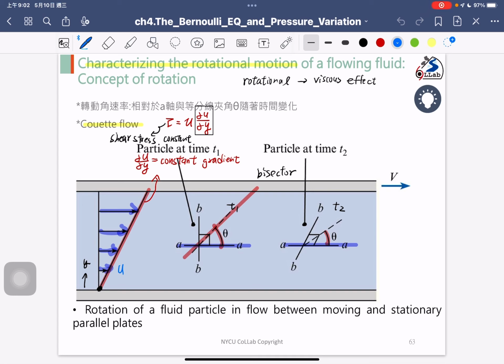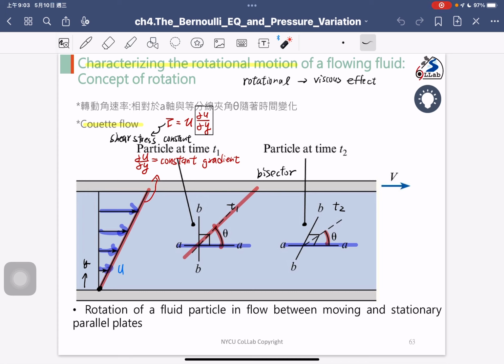As I mentioned last week, we can describe the theta angle change at different time points. The main idea is how to compute the theta angle at different times.